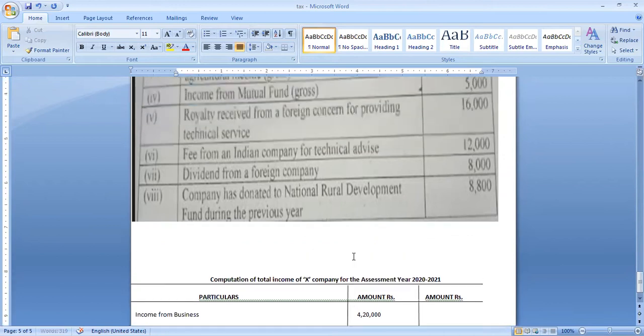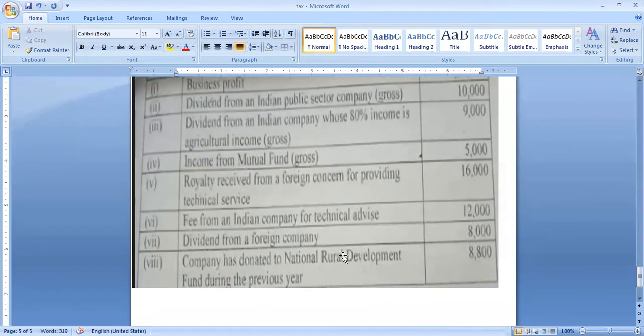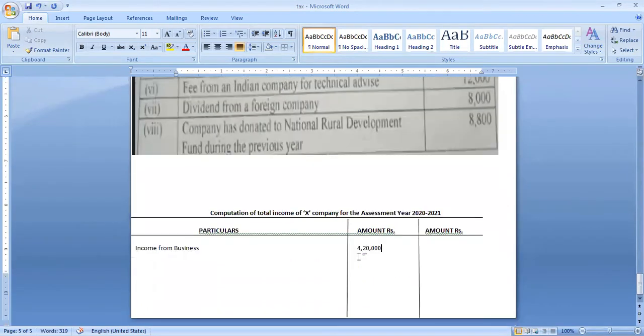Now you can see one important aspect in this one. Why have I taken it in the inner column? You all know this is the inner column and this is the outer column. I have mentioned it in the inner column because one donation is given to the National Rural Development Fund, NRDF. This I specifically mentioned because there is a deduction for this.